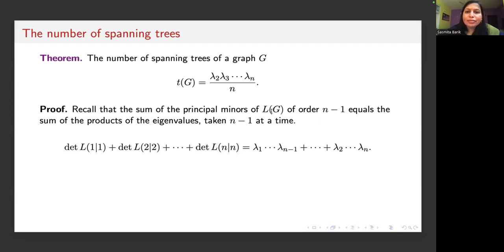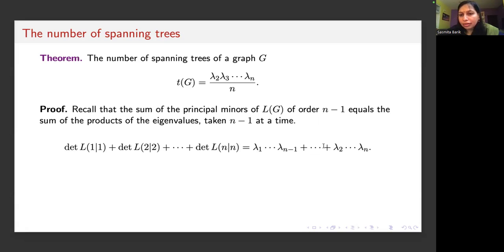So here for the Laplacian matrix, we are taking all the n-1 cross n-1 principal submatrices. If I take the determinants and add them, that will be the same as all possible products of eigenvalues taking n-1 at a time. But if you observe, your lambda 1 is 0.